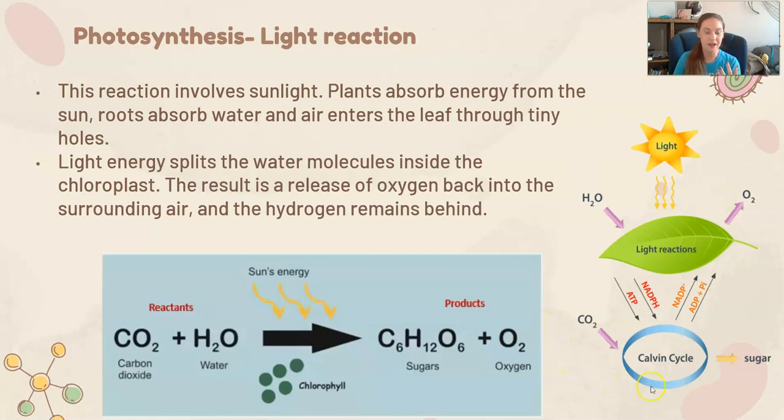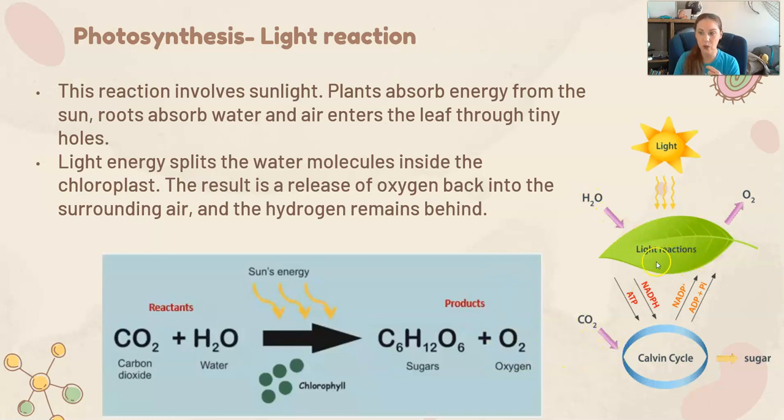This is a demonstration here, a kind of graphic that would help illustrate it for you. We've got the chlorophyll here in the chloroplast inside the leaf, right? Inside the plant. The plant is going to be able to use the energy from the sunlight and water, as well as carbon dioxide.